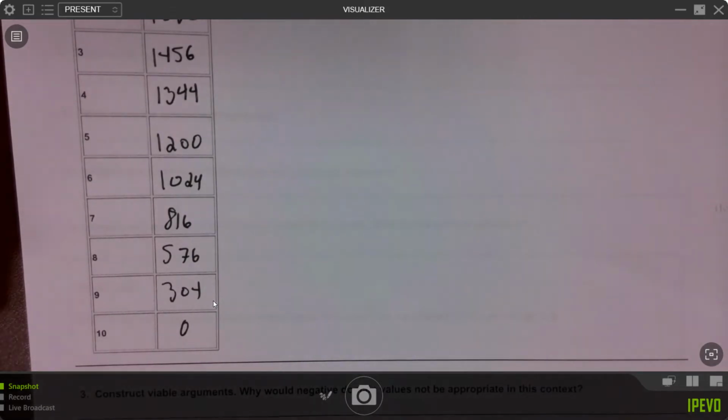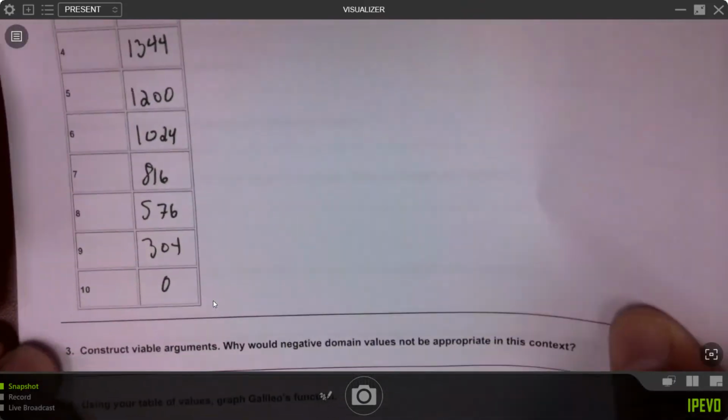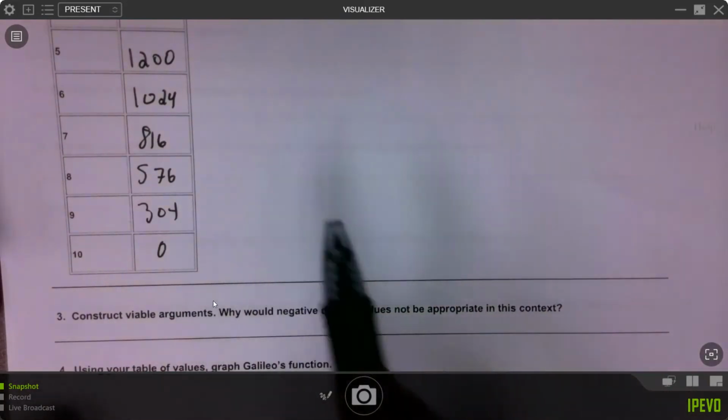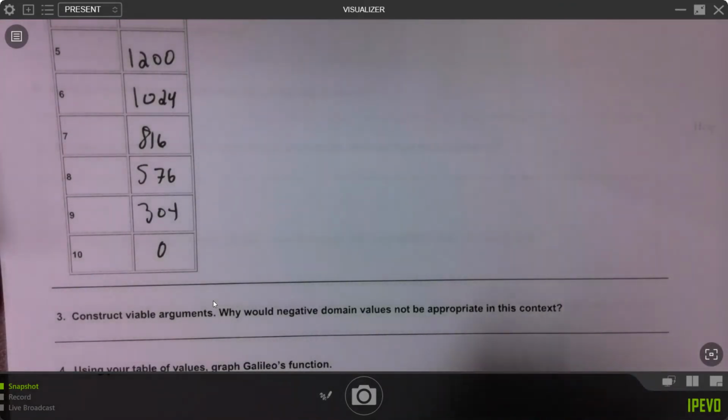Then it asked for number 3, why do negative values not make sense? Well, we're talking about dropping a ball off of the Leaning Tower of Pisa. Maybe you could say it's going to make an indentation, depending on the mass of the ball, but negative domain values don't make sense. That would be the feet part.